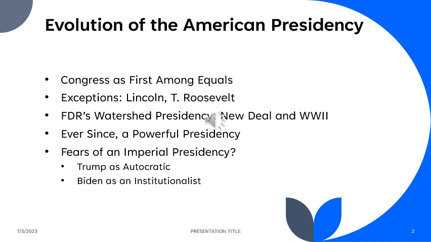Where it all changes, right up to the present day, would be Franklin Delano Roosevelt and his New Deal, and that was the creation of this permanent executive branch bureaucracy to implement a program of regulation and a welfare state.